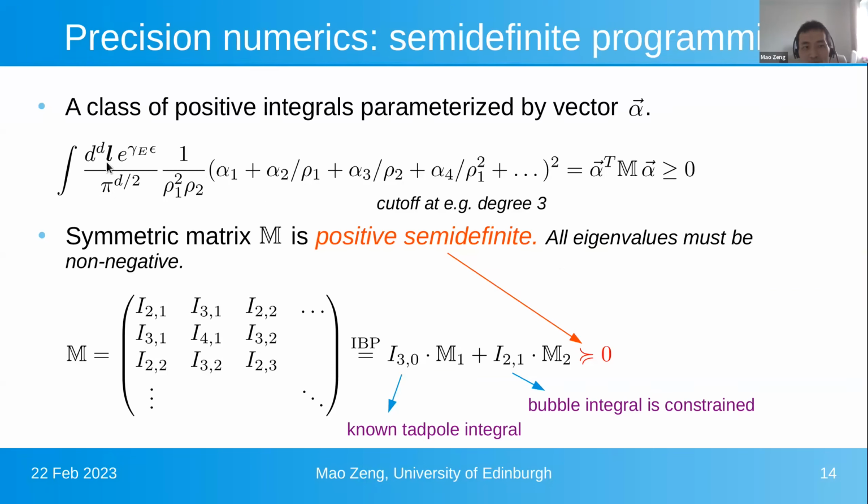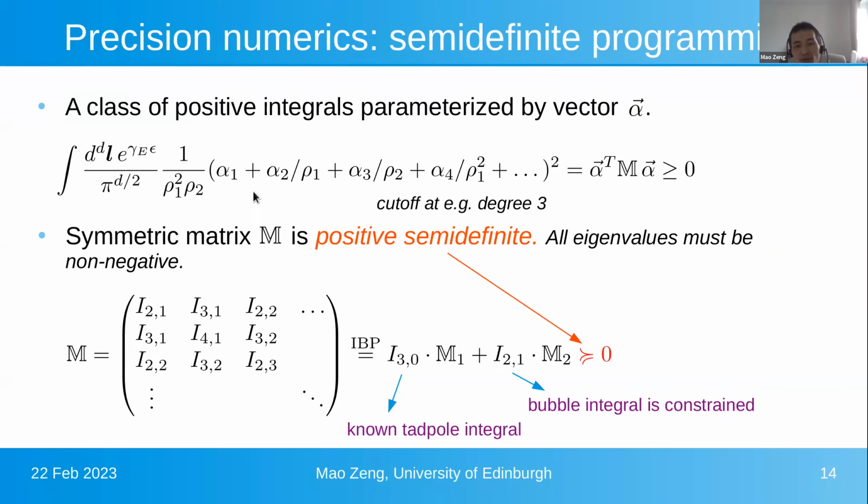So the whole matrix is decomposed into my bubble master integral times some matrix of rational entries plus a tadpole integral times some rational matrix. The tadpole integral can be trivially evaluated in terms of gamma functions, and so I would take it as a known input.